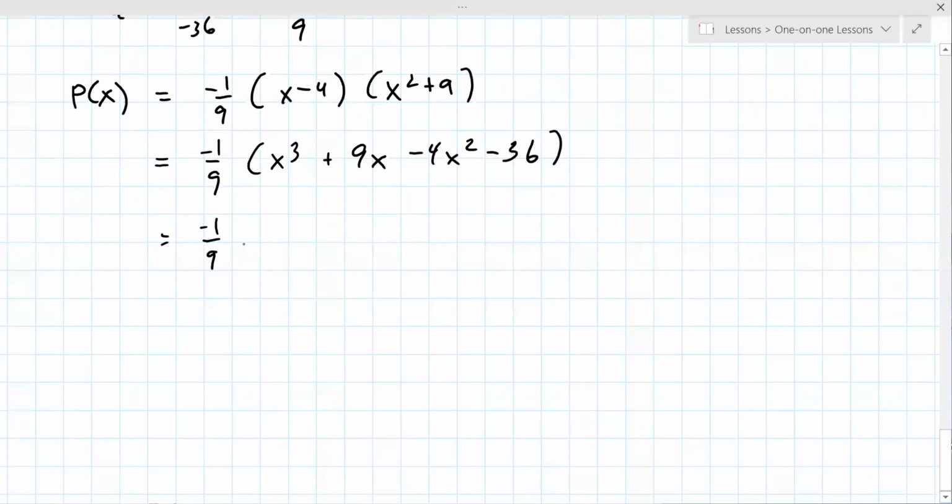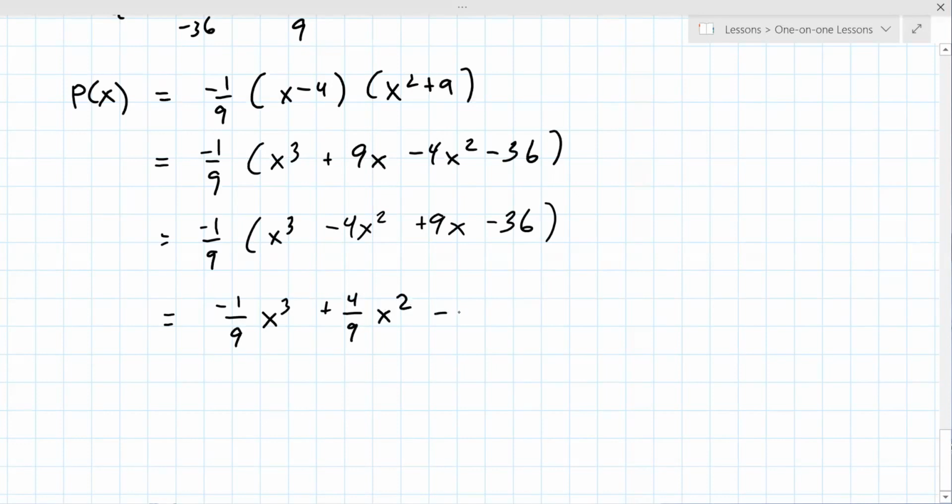Generally, they want it in descending order. That means that the x squared comes next, the 9x follows, and the minus 36 follows. And then we can distribute in this -1 over 9. So it's -1 over 9 x cubed plus 4 over 9 x squared minus x plus 4. And that is your final answer there.